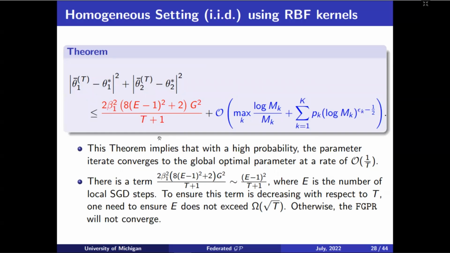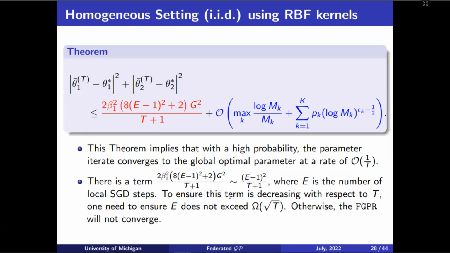First, let's start from this red term. This term implies that with a high probability, the parameter iterate will converge to the global optimal solution at a rate of 1 over T. Here, note that there's a term in this red bound, which can be written as E minus 1 squared over T plus 1, where E is the number of local SGD steps.